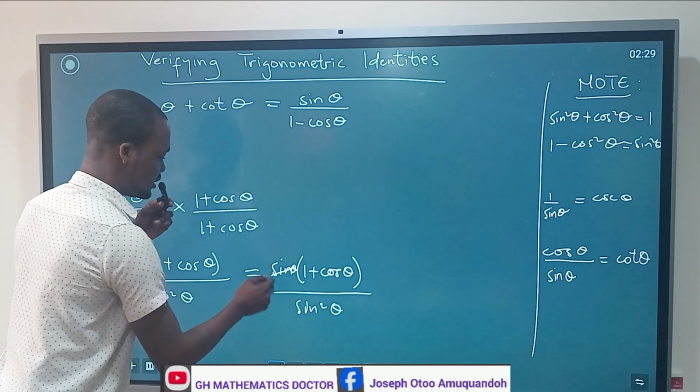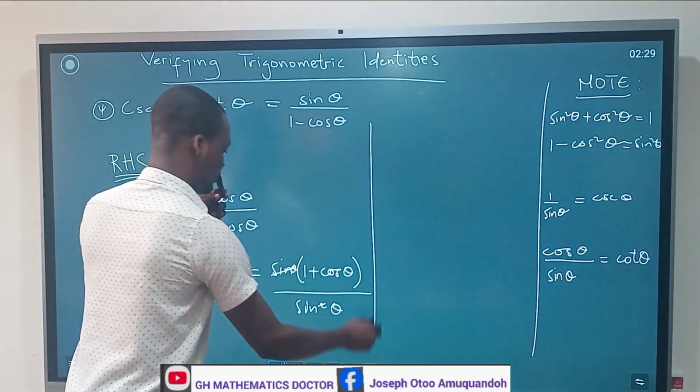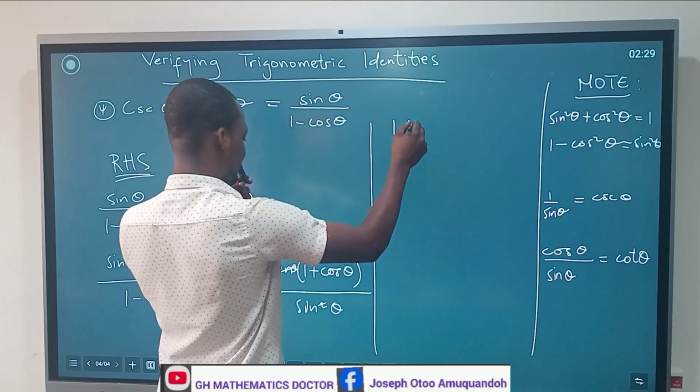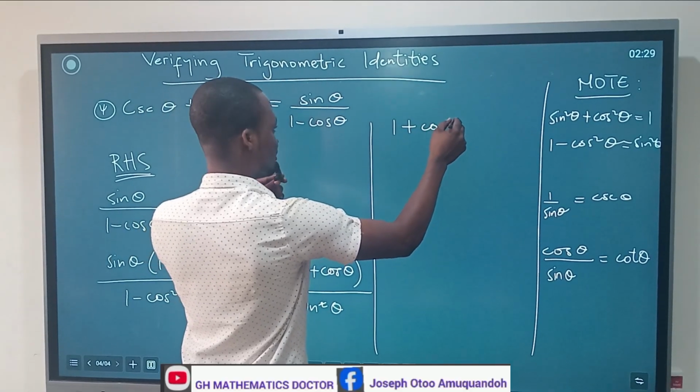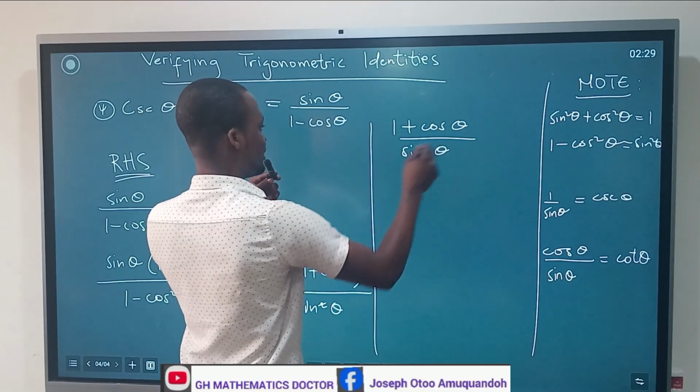So you are going to get (1 + cos θ) over sin θ.